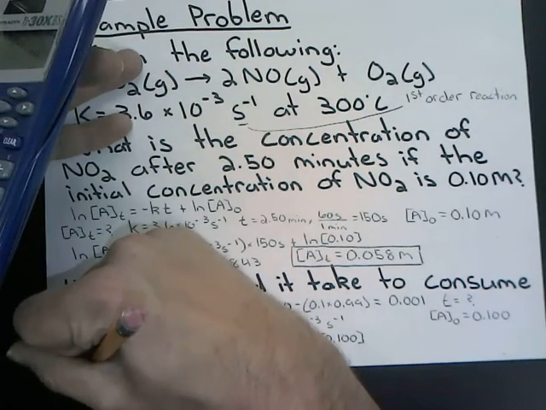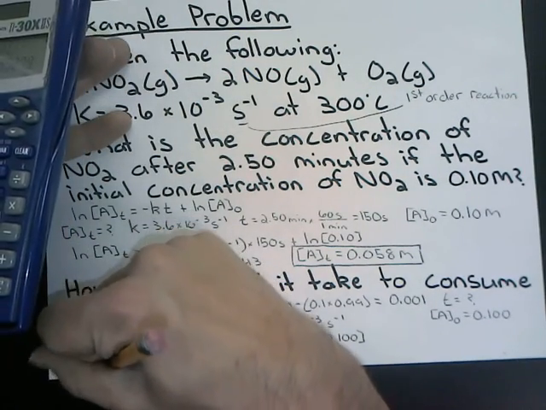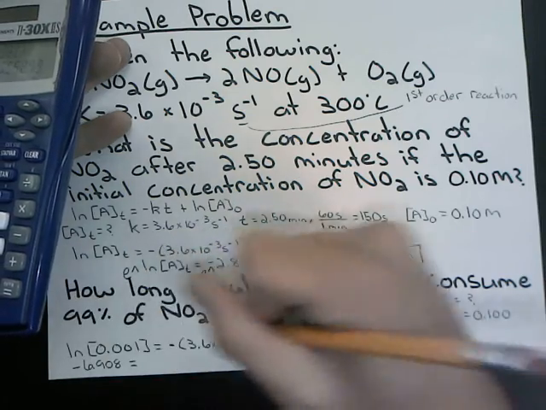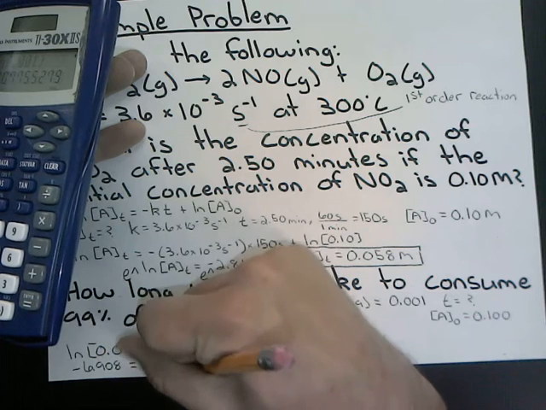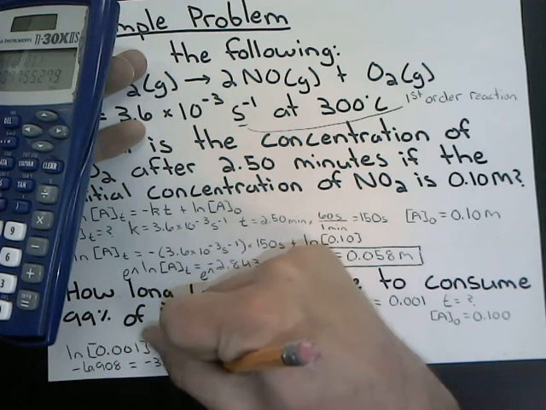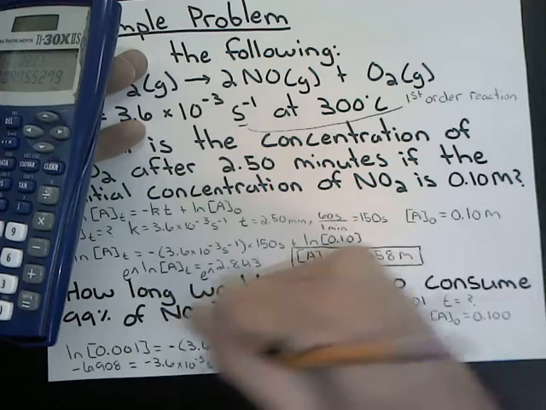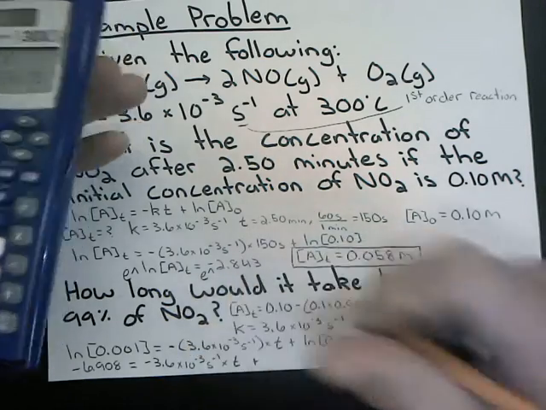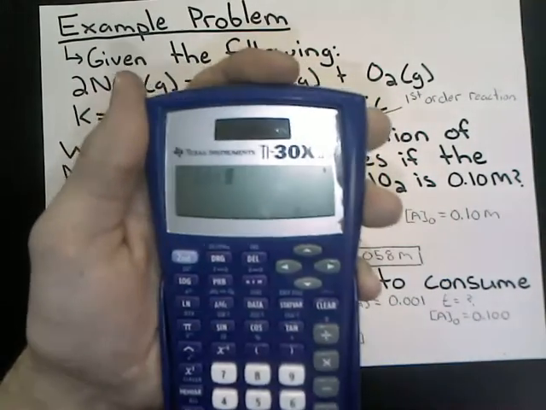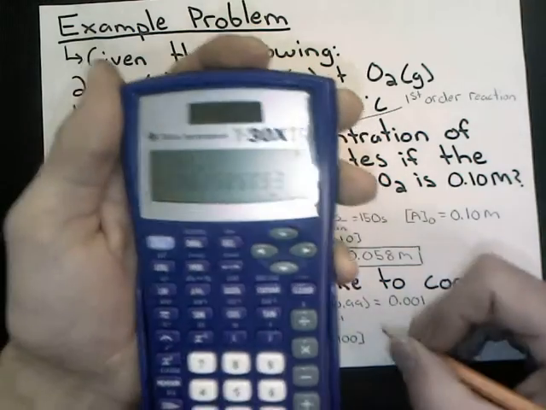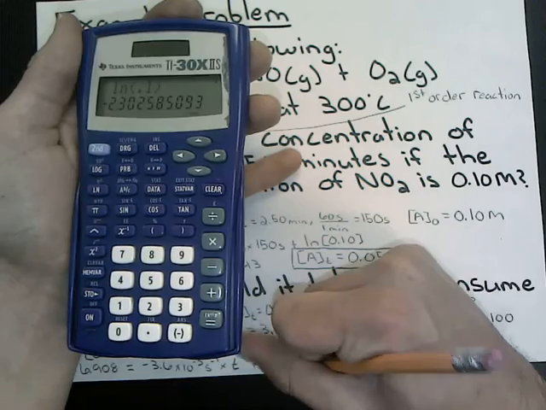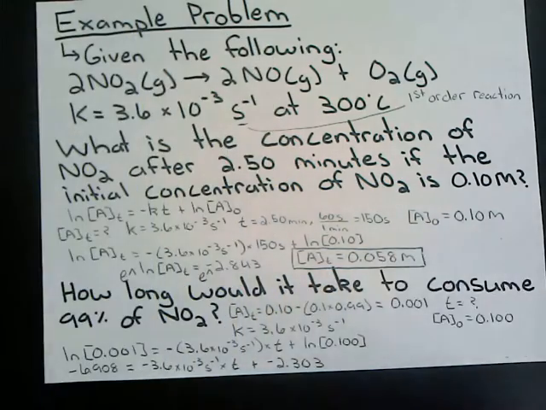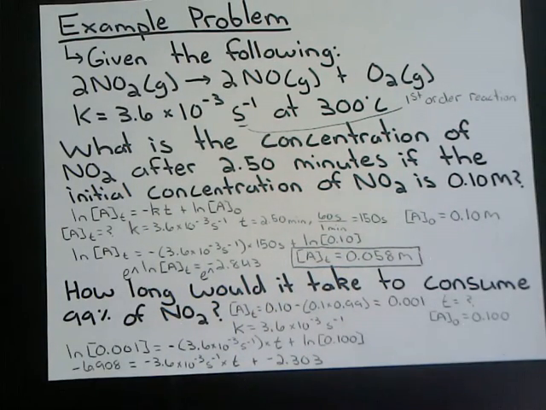So negative 6.908 is equal to negative 3.6 times 10 to the negative third inverse seconds times t, plus the natural log of 0.1. The natural log of 0.1 is negative 2.303. I'm out of room.